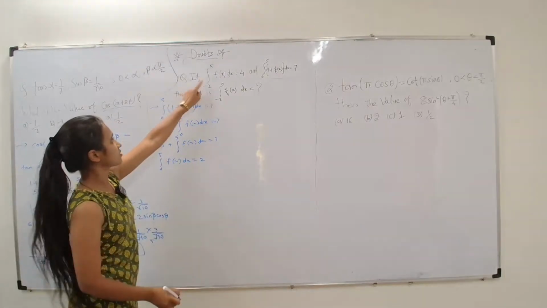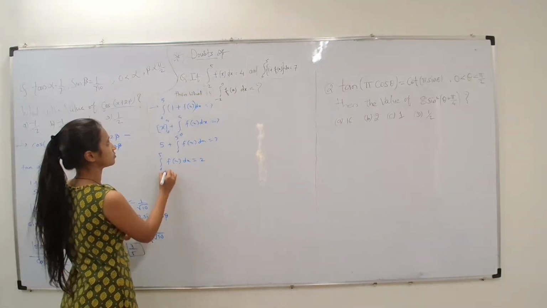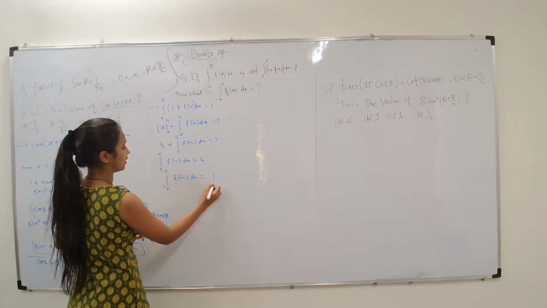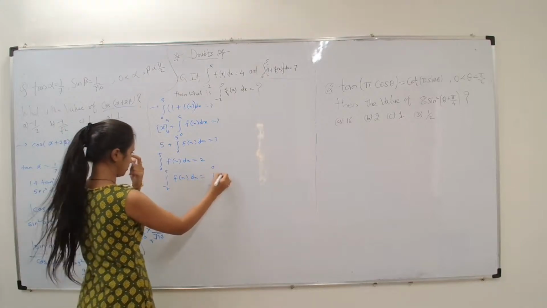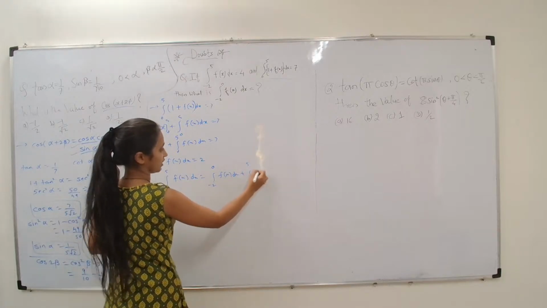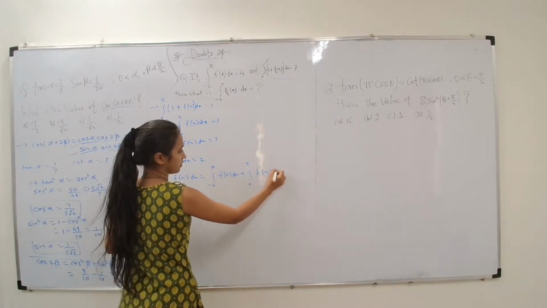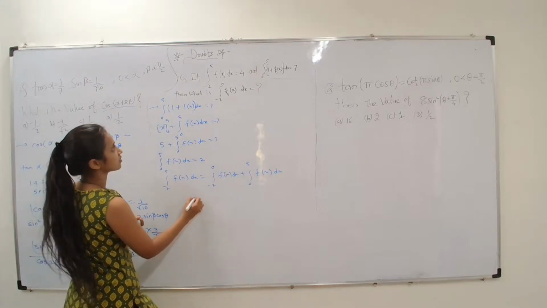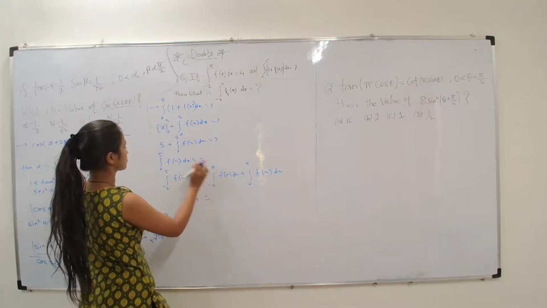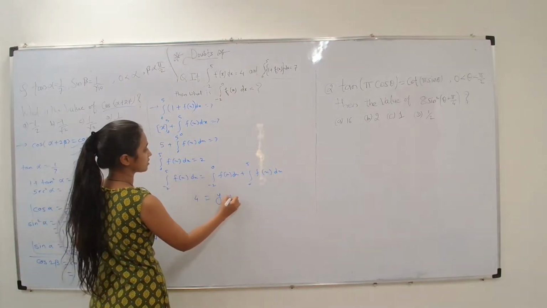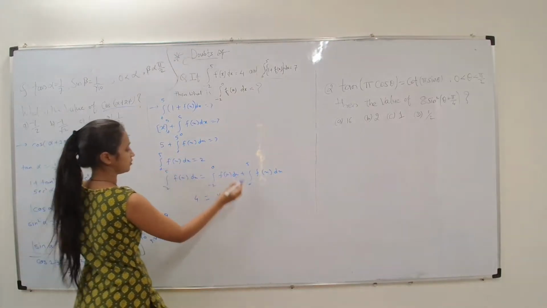So you can split this function as -2 to 5 f of x dx is equal to -2 to 0 f of x dx plus 0 to 5 f of x dx. Am I right? So value of this is 4 is equal to -2 to 0, you have to find out, let's say, y, plus 0 to 5 you have 2.